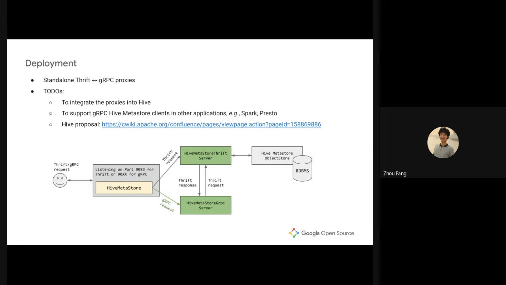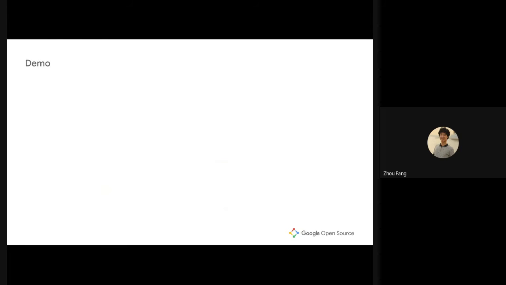So those are the drawbacks. In the longer term, we should totally replace Thrift with gRPC to solve those issues. And yeah, this is what we have for the implementation. Next I will do a demo to show you how this gRPC works.